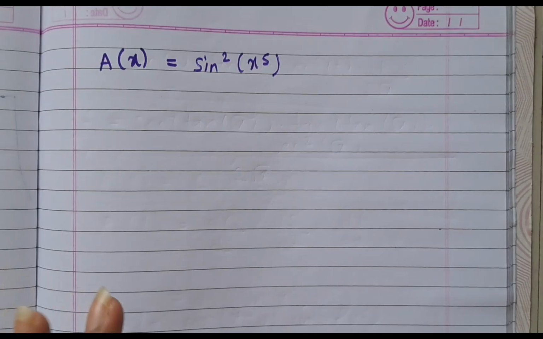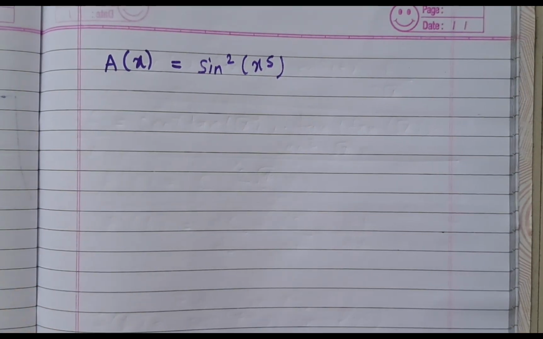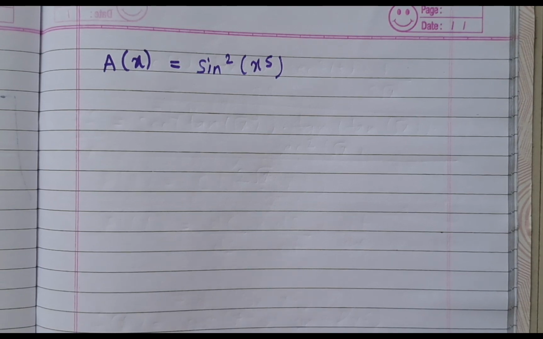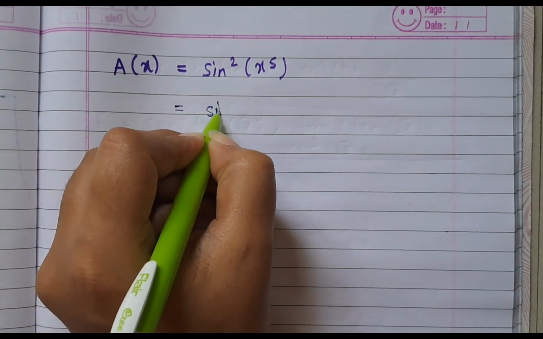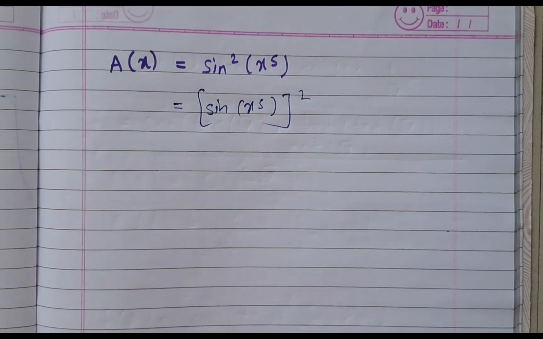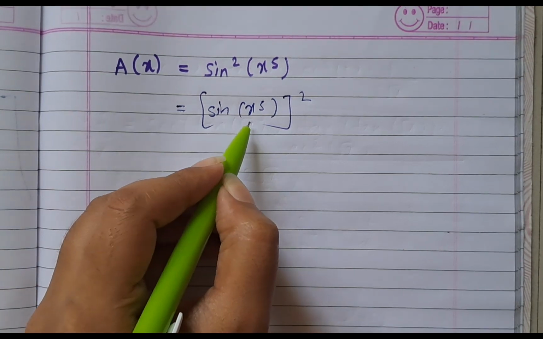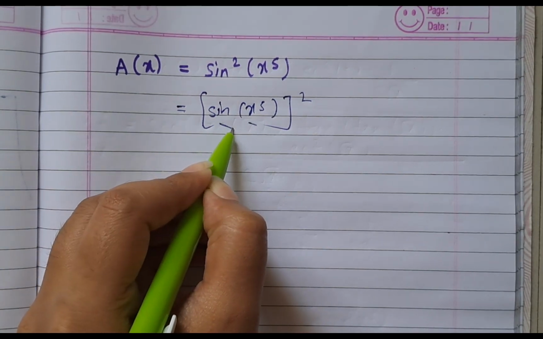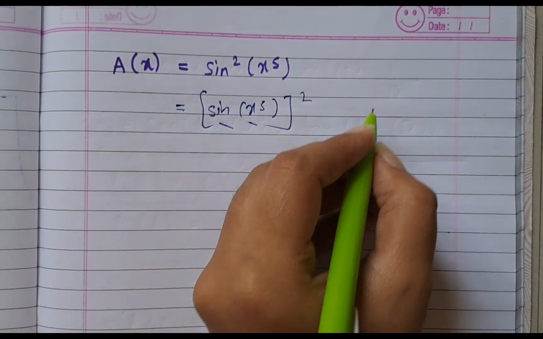Okay, so now our a of x is equal to sin square of x raised to 5. If you see it, you will be able to see that there are two functions. This is a combination of two functions, which is x raised to 5 and sin. But if we simplify it, we can write it as sin of x raised to 5 whole square as well, right? So now you will be able to see three functions. It is a combination of three functions, which is x raised to 5, then again we have sin, and the third function is the power of this entire function, like we saw x raised to n.